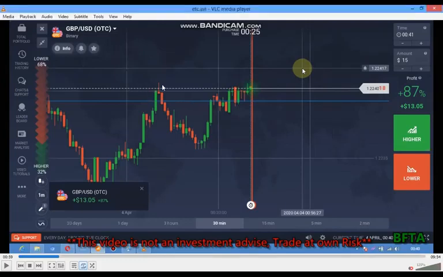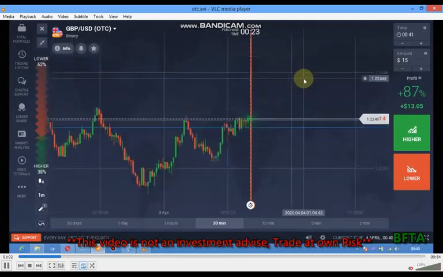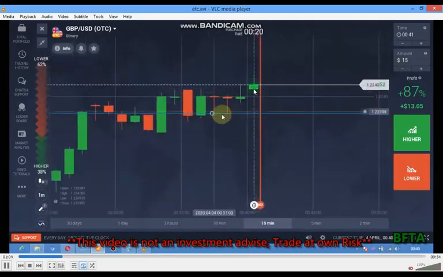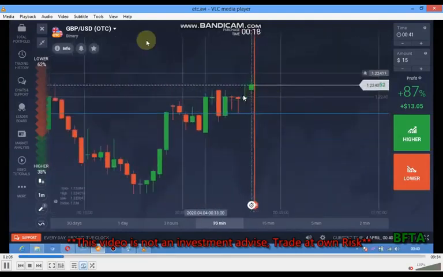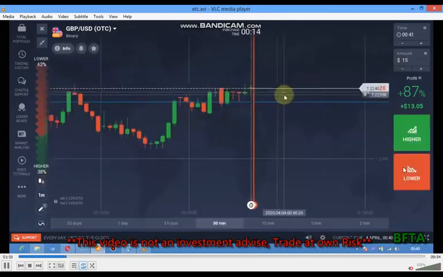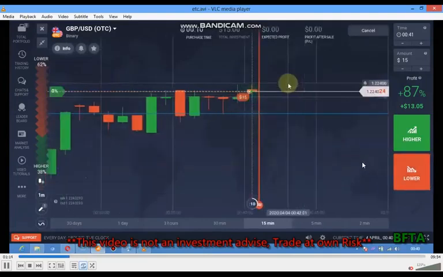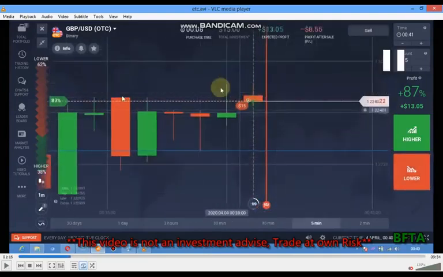Assuming I didn't go back to check, I would have lost this trade by placing a call, because it closed above this where there's no rejection. So once I saw that, and the candle was still forming the next candle, I just placed a put option. I was confirming that, assuming the candle closed here, maybe I should place a put option.